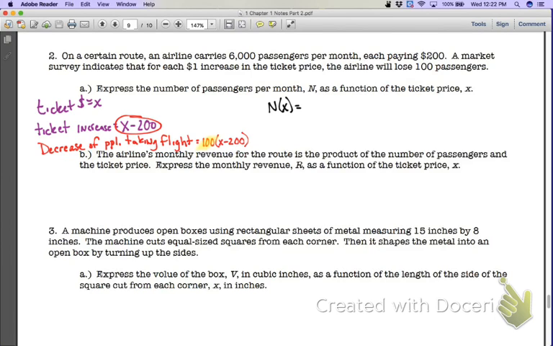We're going to write the function in terms of the number of people per the ticket price. We're going to use this part right here, but what else do we need? How many people do we start with per month? 6,000. So it's going to be 6,000, right?